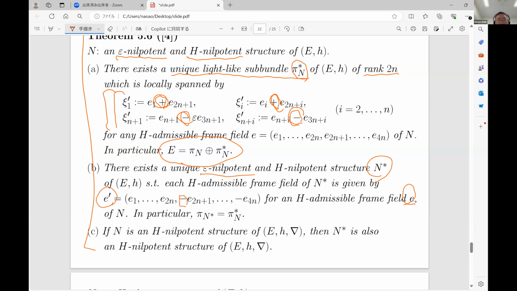Notice these signatures. In particular, we obtain this: pi N star coincides with pi star N. If N is an H nilpotent structure of EH nabla, then N star is also an H nilpotent structure of EH nabla.